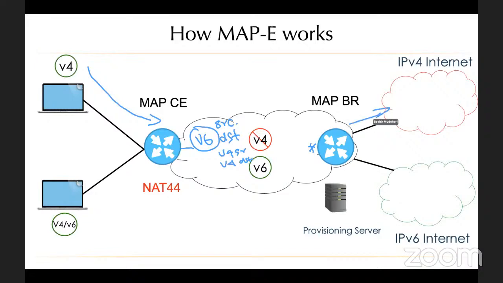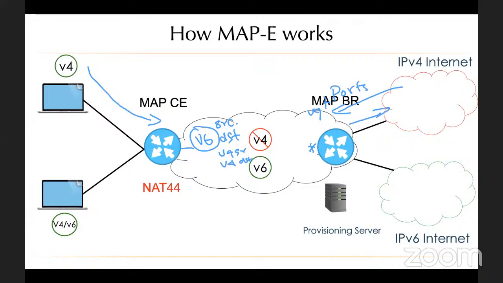When the packet is coming back, when the server responds, the BR is going to use the destination IPv4 address. Remember this, from the IPv4 internet, we're receiving an IPv4 packet, right? So the BR is going to use the destination IPv4 address plus the ports to compute the relevant destination IPv6 address, or to compute the right CE where to send the packets to.